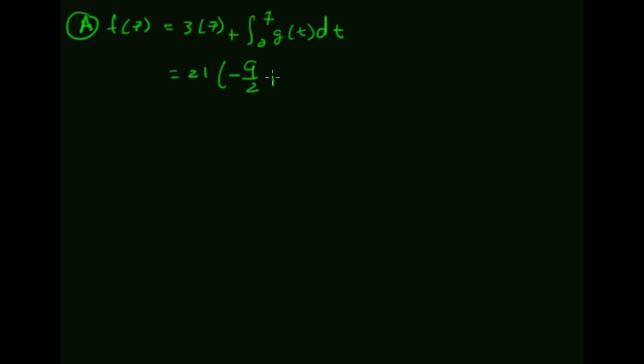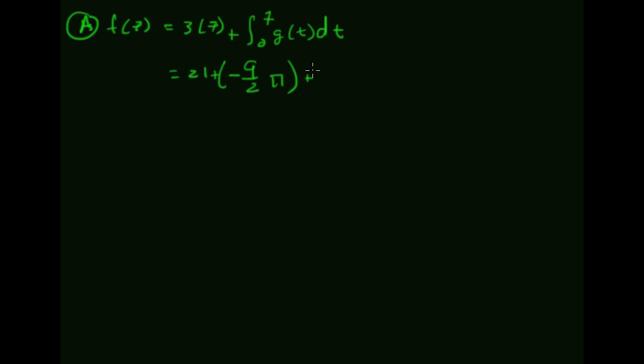So f of 7 should be 3 times 7 plus the integral from 0 to 7 of g of t dt. This is 21. If I go from 0 to 7, I have half of a circle with radius 3, so that's going to be negative 9 halves pi.